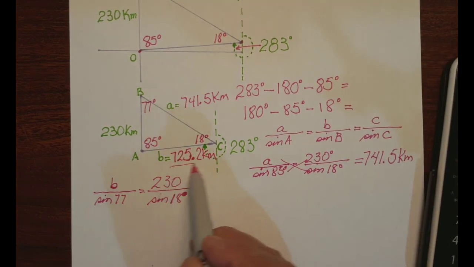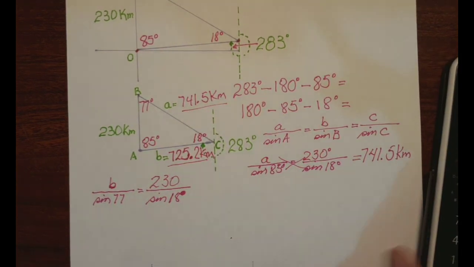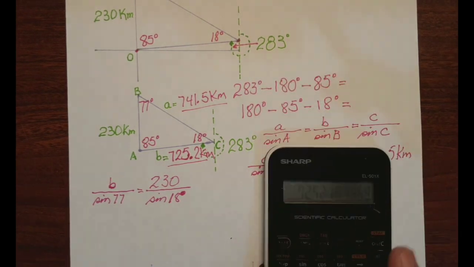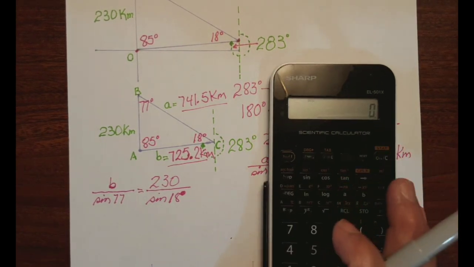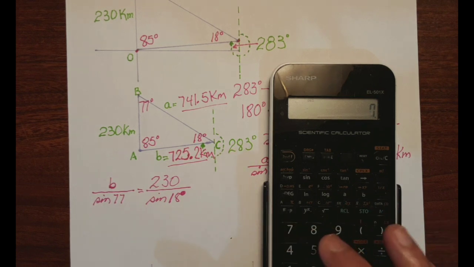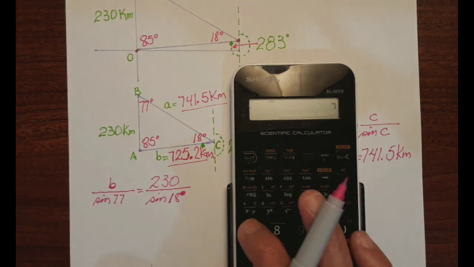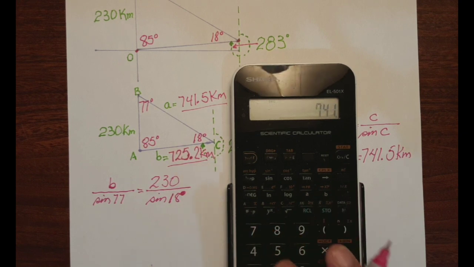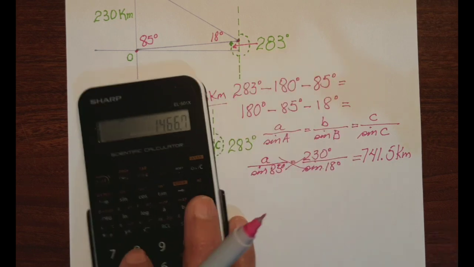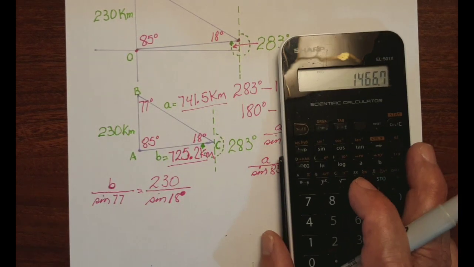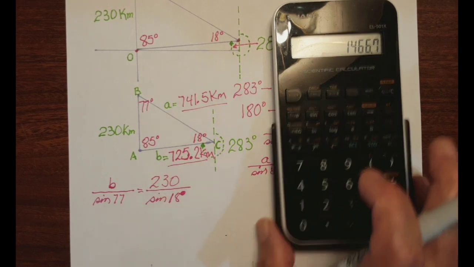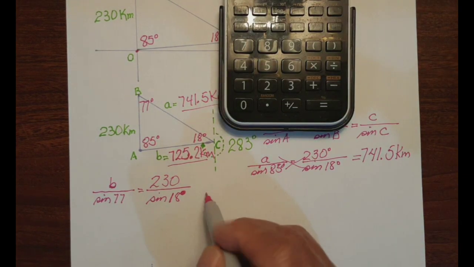Okay, now we add up. We add this plus this. Let's do it. 725.2 plus 741.5 equals, the whole, what they want us to find out is the total. Let's write it down.